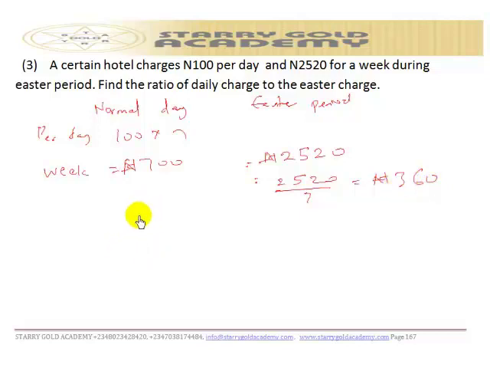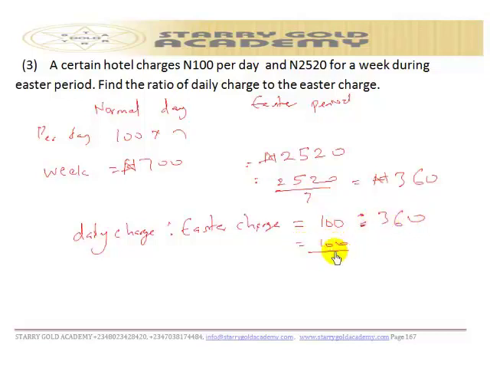So what is the ratio? The ratio of daily charge to Easter charge is equal to the daily 100 naira to Easter 360.